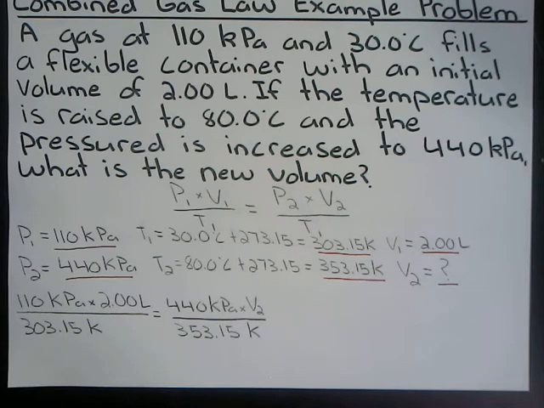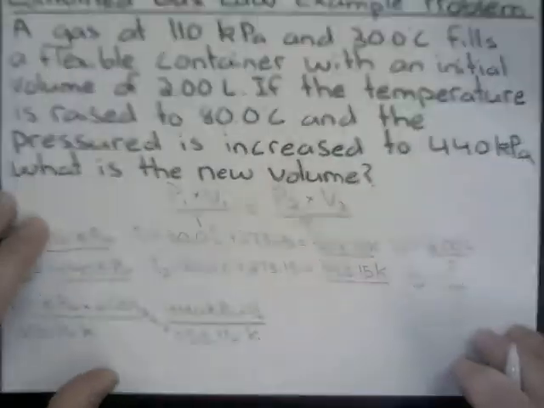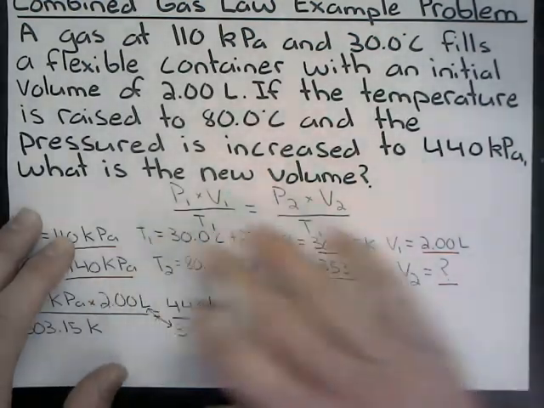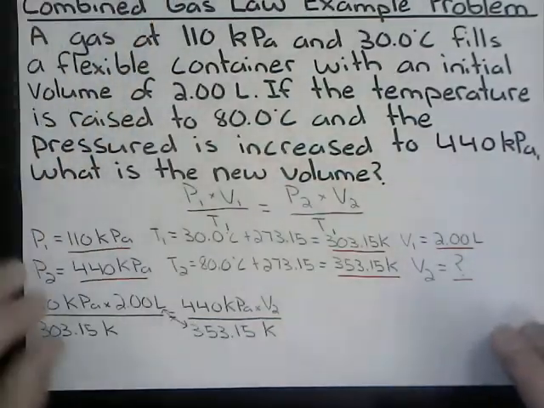Okay, so what I'm going to do is I am going to cross multiply, and I don't want to squeeze all of this information in this space. And so I'm just going to grab another sheet of paper.